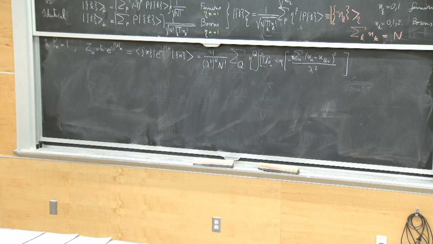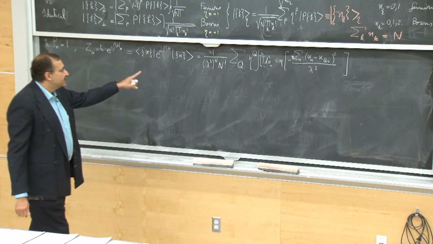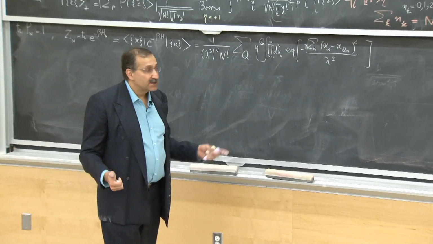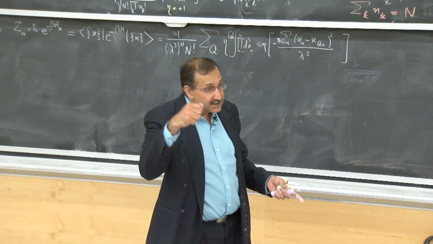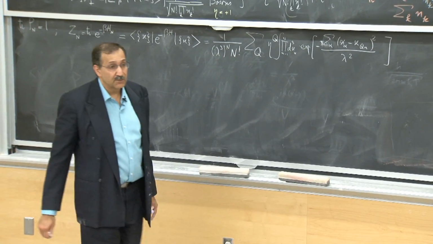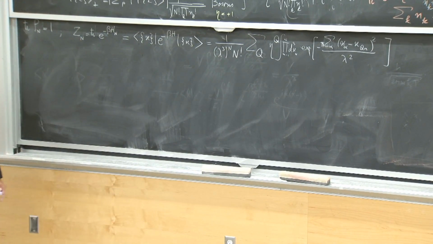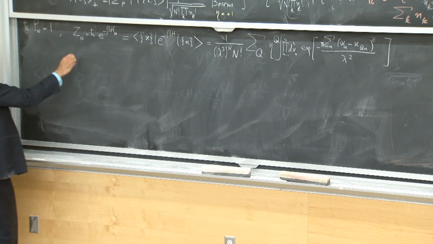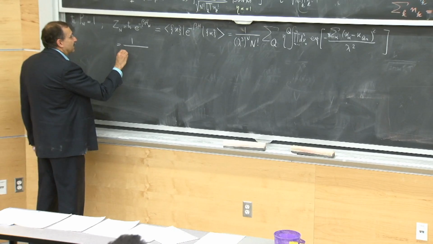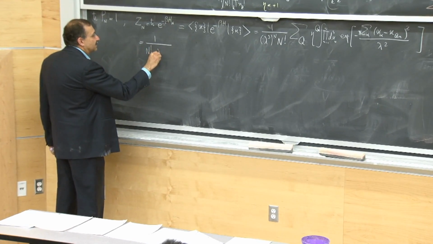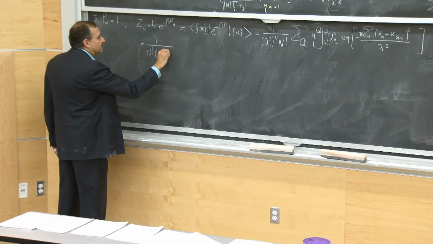So I'm evaluating this trace in coordinate basis, which means that I should put x and x prime to be the same for the trace, and then I have to sum or integrate over all possible values of x. So let's do this. I have 1 over n factorial lambda cubed raised to the power of n.